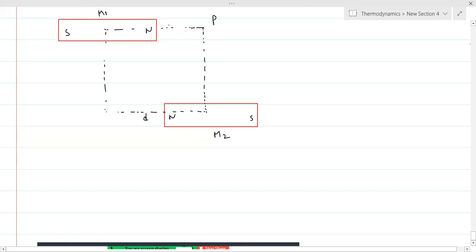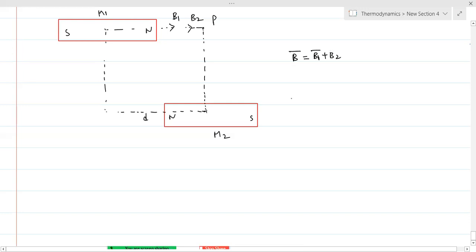This observation point lies on the axial line, so this is B1, and this observation point lies on the equatorial line. Equatorial line means with respect to the second magnet it is N to S. So that is B2. So the net magnetic field B bar equivalent to B1 bar plus B2 bar.